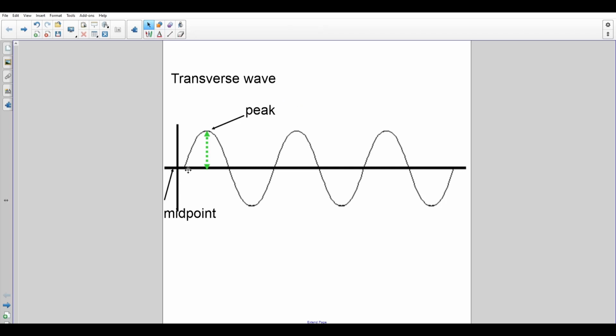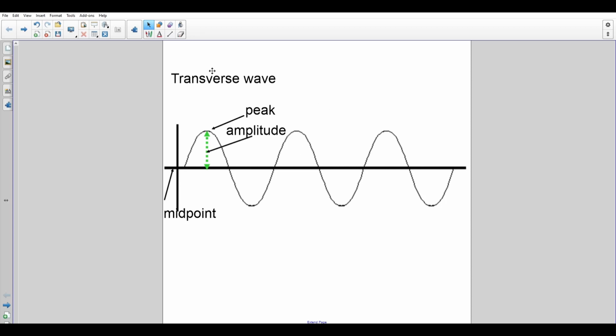So from the midpoint to the peak is the amplitude, so we would label that distance there as our amplitude. You need to have a little line drawn with at least an arrow on it, showing how tall the wave is, and the word amplitude labelled there.